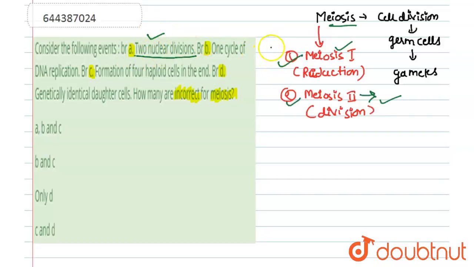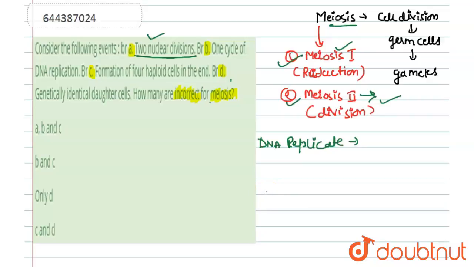Come to the next event, that is one cycle of DNA replication. DNA replicates during the S phase. During meiosis the cell passes only once through this phase, and DNA synthesis by replication occurs only once.